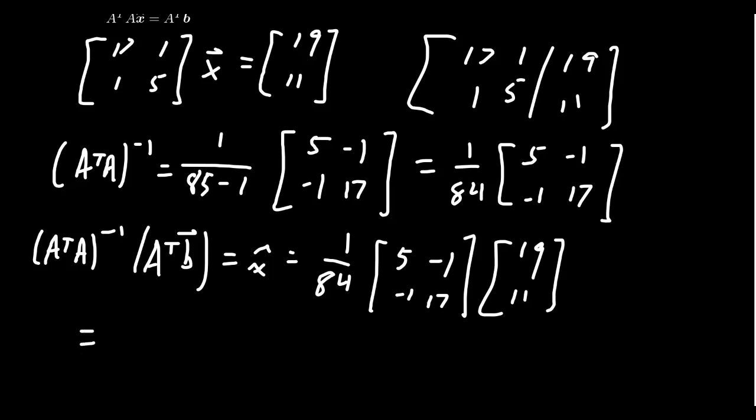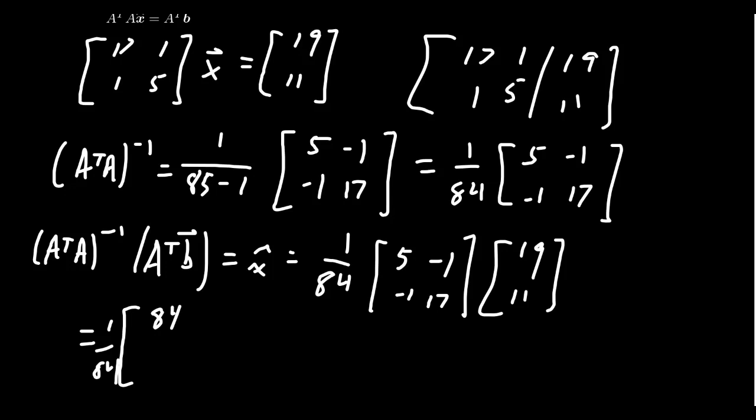If we multiply that through using usual matrix multiplication, you're going to get 5 times 19, which gives you 95. Then you have to subtract 11 from that, which is going to give you 84. Don't forget the scalar. 84 and 84, that's kind of convenient. Almost as if I planned that.